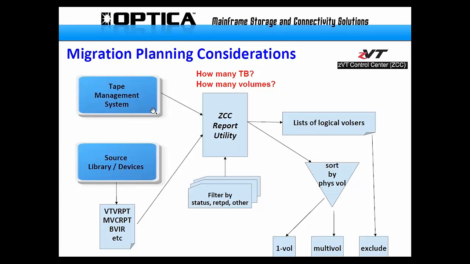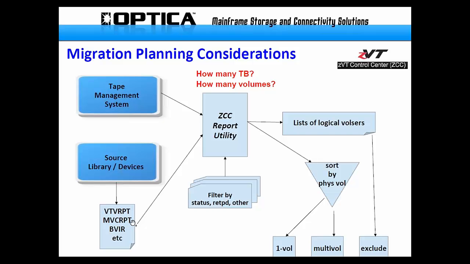And so we look at the tape management system, and we also look at the source library, because if it's coming from an EMC DLM or from an IBM TS7700 or any sort of automated virtual tape system, those virtual tape systems will have reports, the virtual tape volume report, a multi-volume cartridge report. For the IBM systems, it's called BVIR, the bulk volume information retrieval.